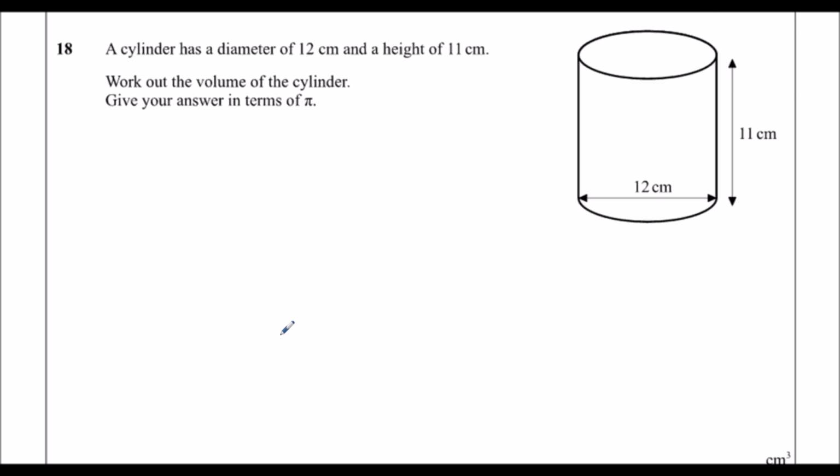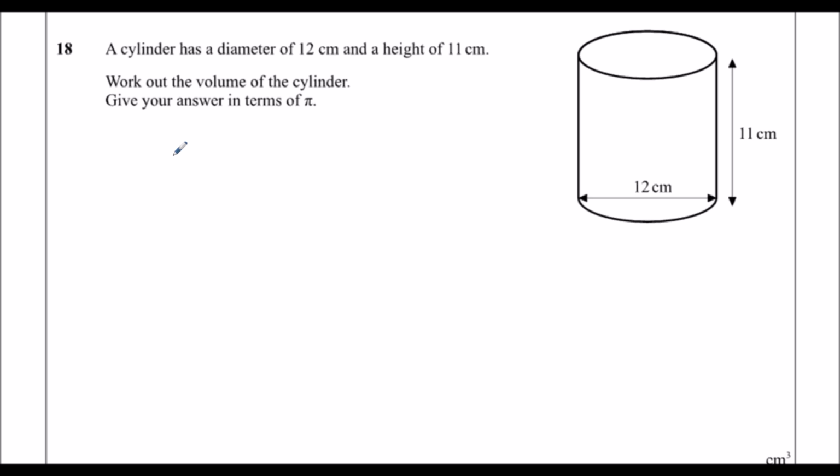Question 18. A cylinder has a diameter of 12 centimeters and a height of 11 centimeters. Work out the volume of the cylinder. Give your answer in terms of pi. So this is the volume of a cylinder.